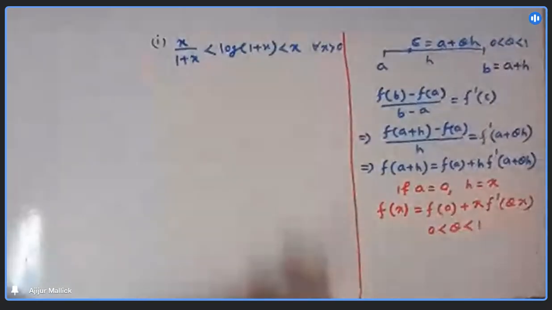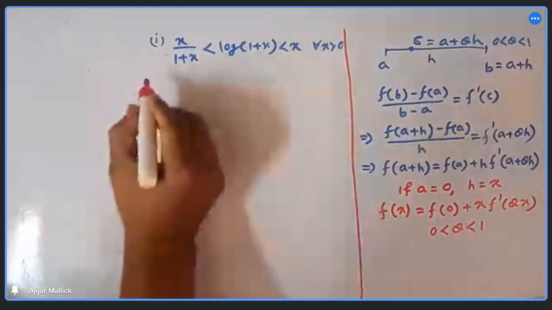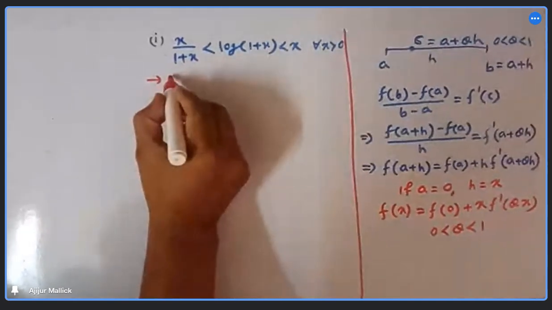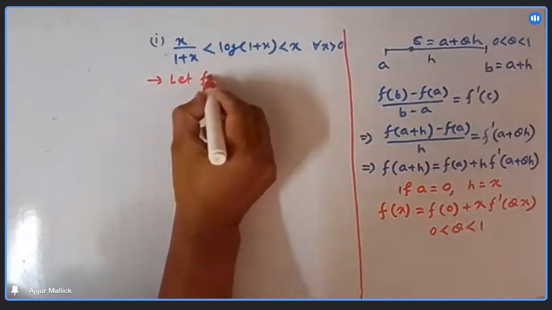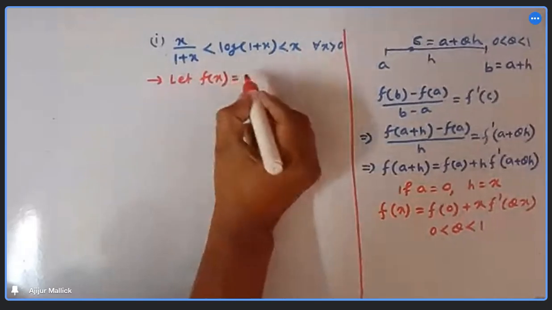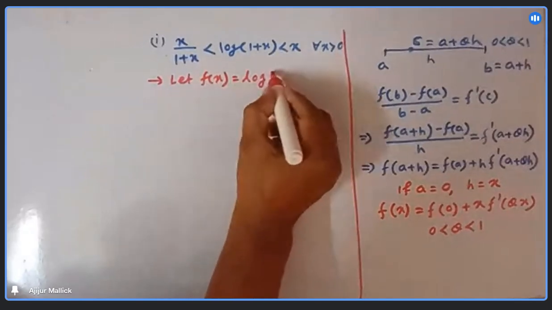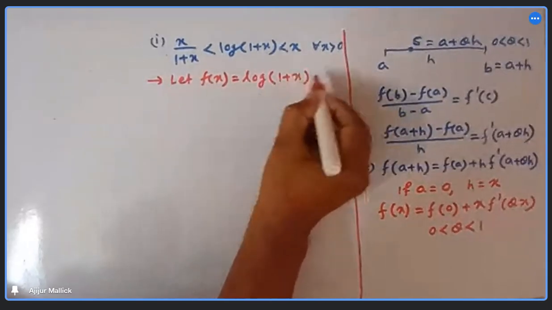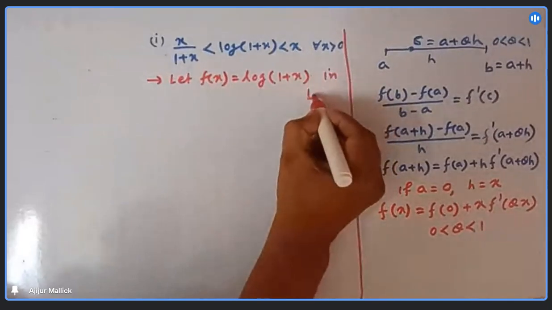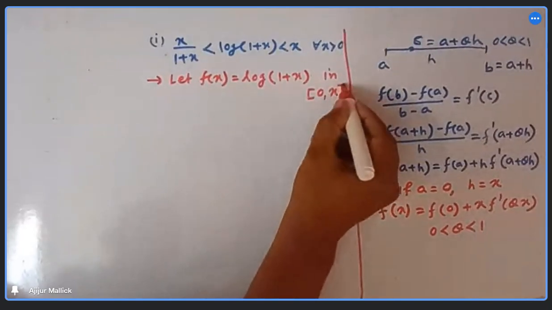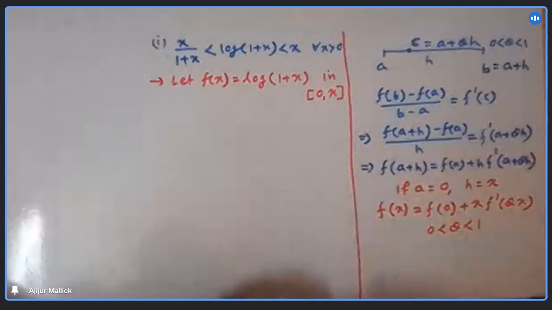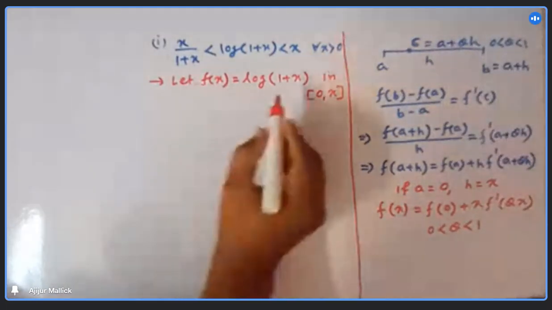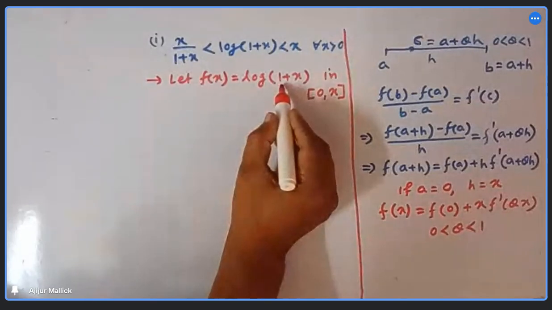Write, solution is this. Let f of x is equal to log of 1 plus x in closed interval 0 to x. Then f of x, a log function, is continuous.